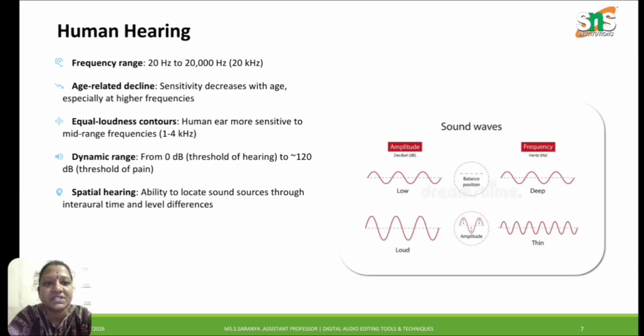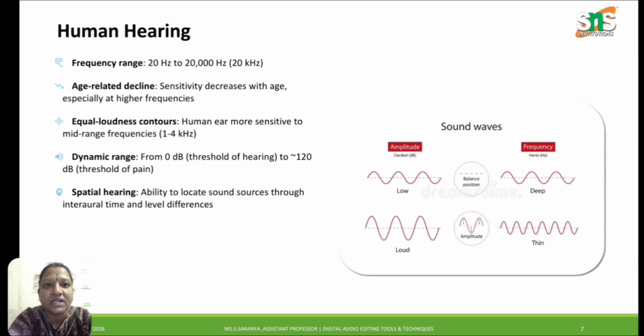This is represented by equal loudness contours, which explain how humans perceive volumes differently across frequencies. Moreover, there is age-related decline. Sensitivity decreases with age, especially at high frequencies.